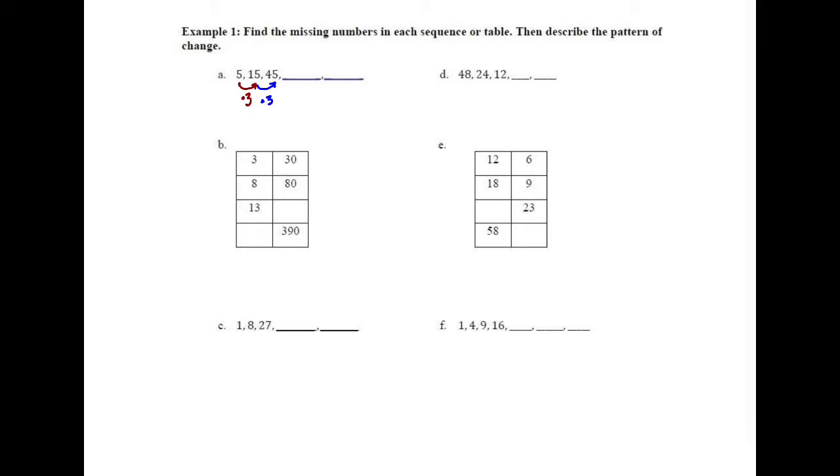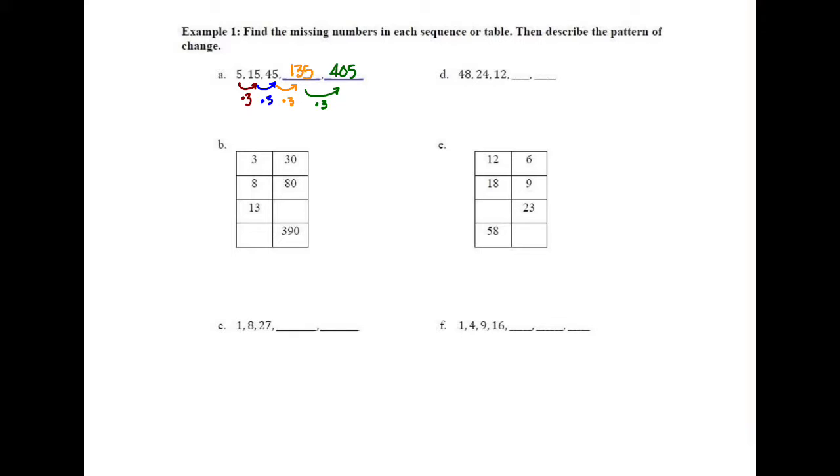So now we need to do 45 times 3, and then whatever that is times 3. And you can see on your own paper that 45 times 3 is 135, and 135 times 3 is 405.